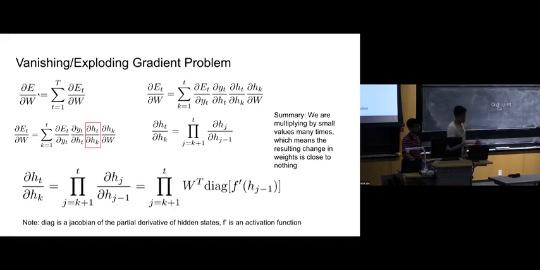Basically, the partial derivative of the error with respect to the weights would be the sum of these errors from time step 1 to the end.